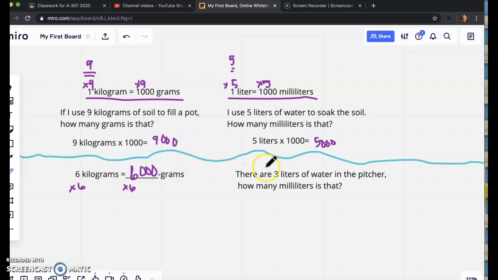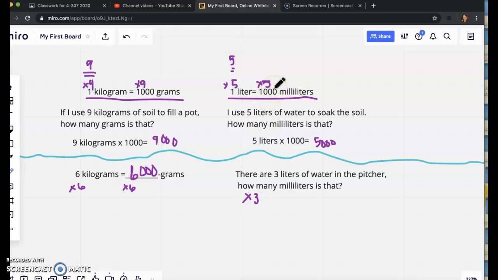All right, let's do another. There are 3 liters of water, so that has to become a 3. How many milliliters is that? All right, so from 1 liter to get to 3 liters, we times 3.